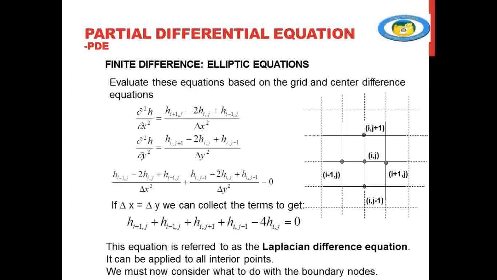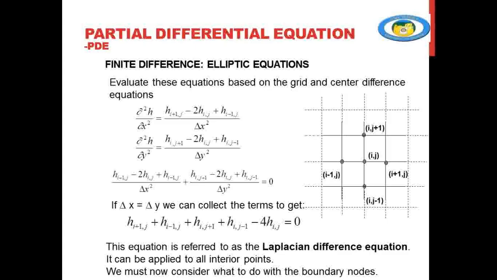So, similarly representing using the center difference which I have described earlier, h at i plus 1 along the x-axis, j is constant. So h at i plus 1 minus twice of h at i plus h at i minus 1, j is constant along the horizontal axis, over delta x squared.